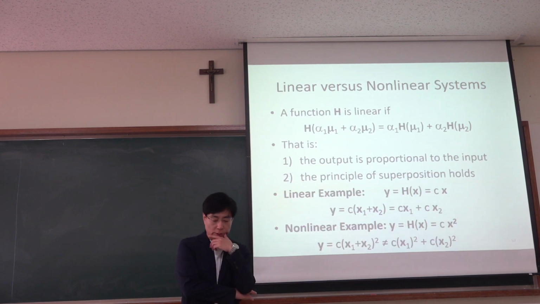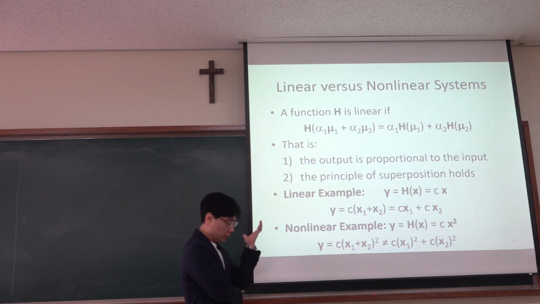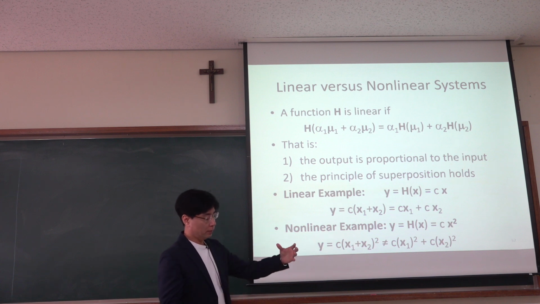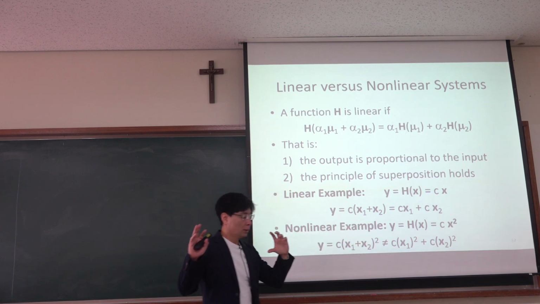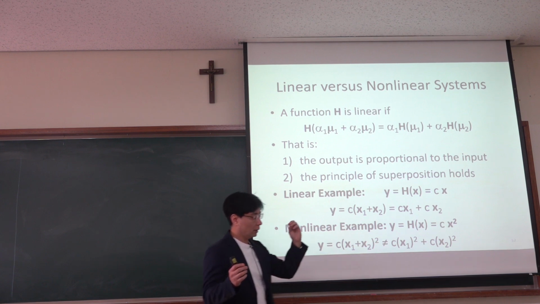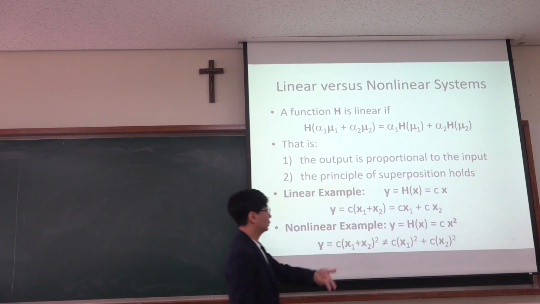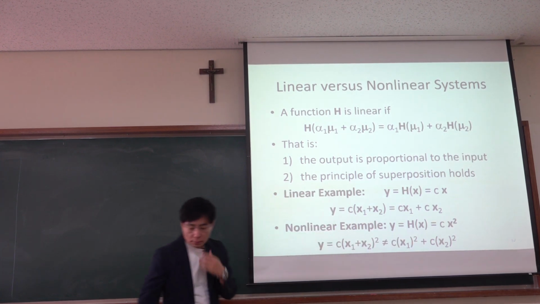So, we discussed that the power system is a nonlinear system, and the definition of linear system is when we have two inputs and we have a system, we have outputs. Then when we have two separate inputs and the sum of these inputs is fed into the system, then the output is just the summation of the original two outputs. So that's the definition of linear system, as you know.